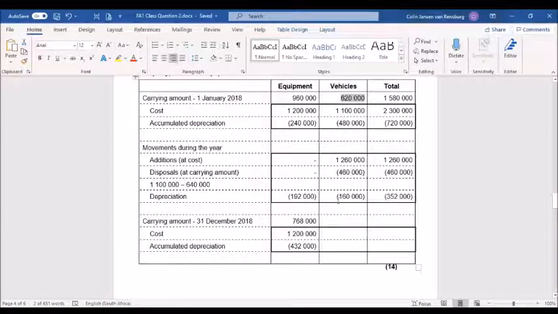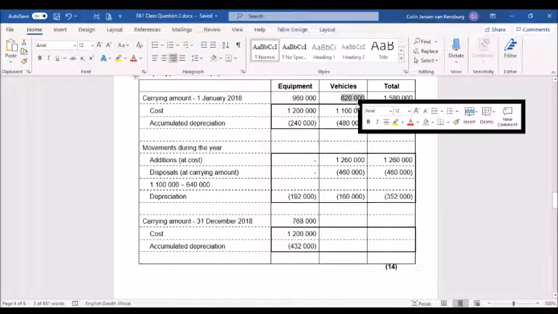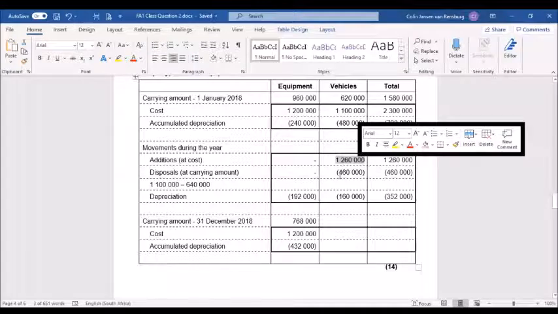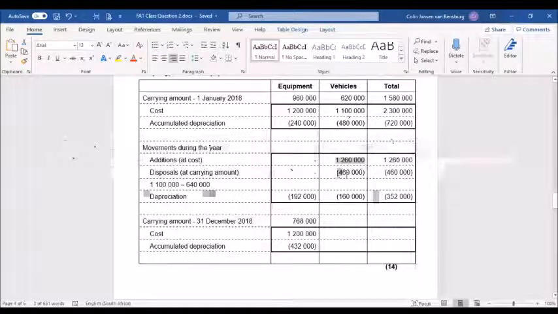What happened during the course of the year? What are the movements on that vehicles carrying amount? We added 1,260,000, so we must now add that 620,000 at the beginning of the year plus 1,260,000, and deduct the 460,000, right?